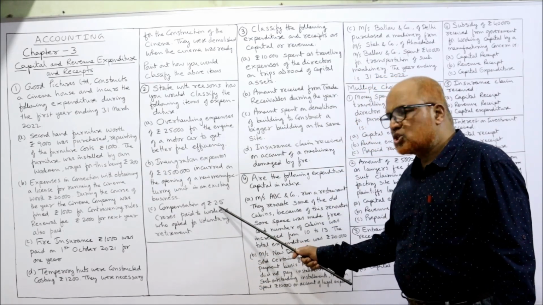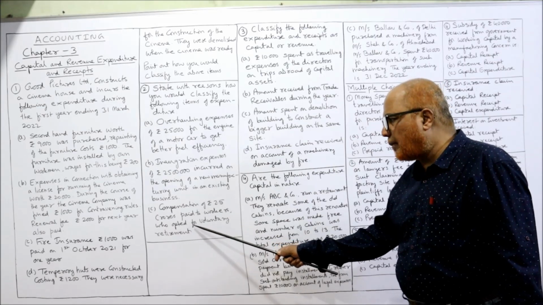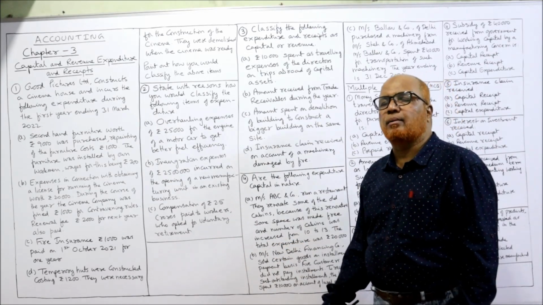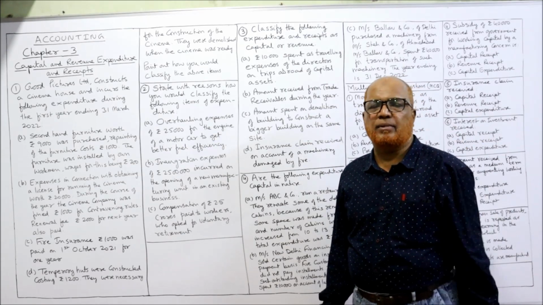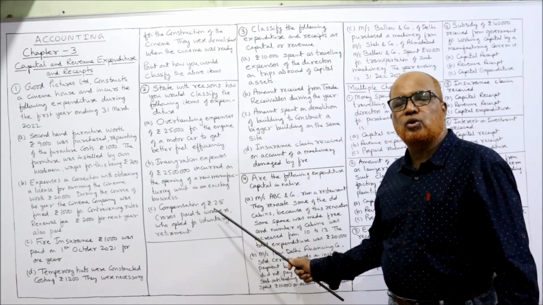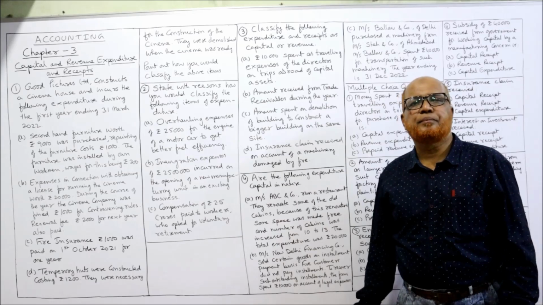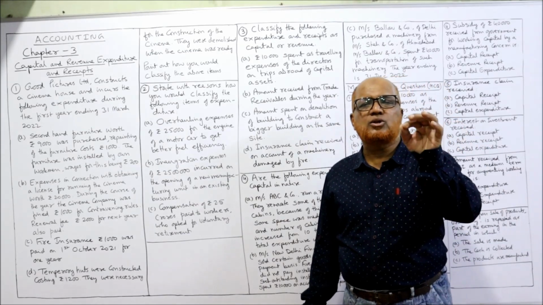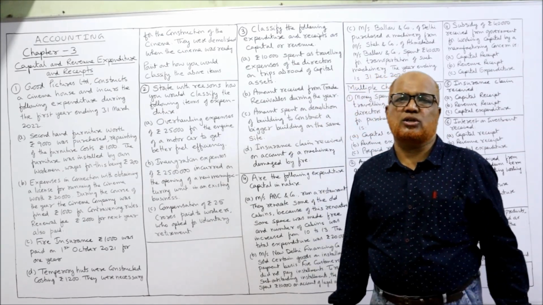Next, compensation of 2.5 crore paid to workers who have opted for voluntary retirement. Some workers have given the application of voluntary retirement, so on voluntary retirement the compensation of 2.5 crore is given. According to accounting principle, any compensation paid to the workers on voluntary retirement is a revenue expenditure.